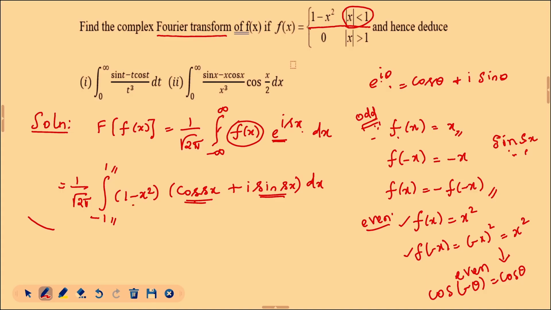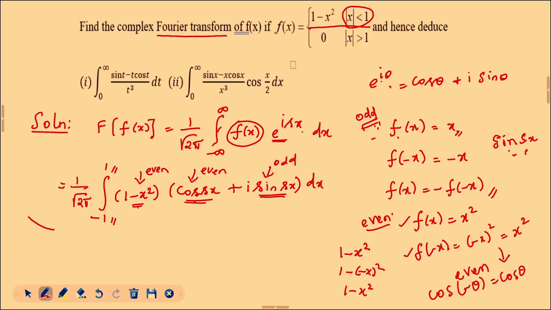Now, what about 1 minus x squared? 1 minus x squared is also an even function because after replacing x by minus x, you get the same function, 1 minus x squared. So, this function is even, this function is also even, but this function is odd.